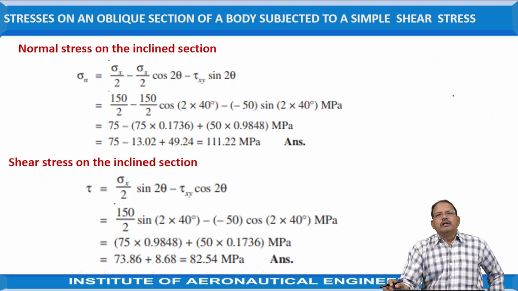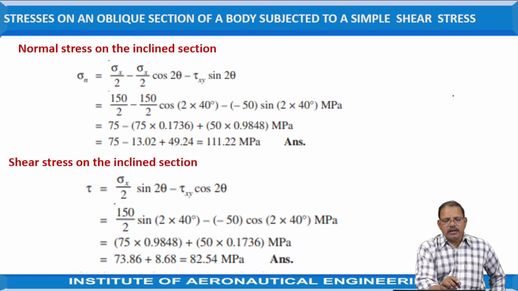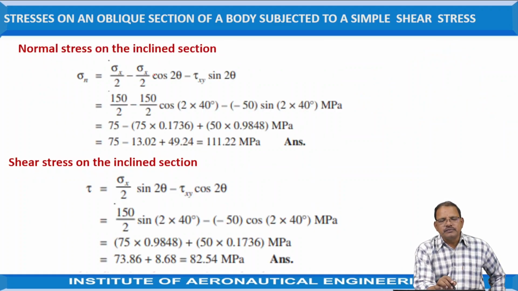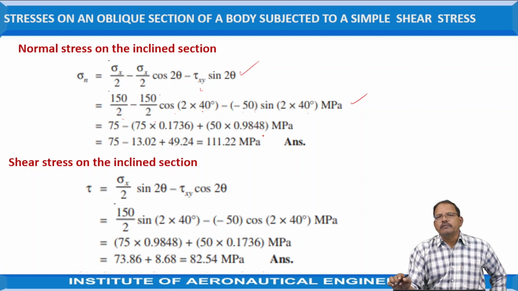If I draw the lines, this is known as the oblique plane, at 40 degrees. So the normal stress on the inclined section is sigma n is equal to sigma x by 2 minus sigma x by 2 into cos 2 theta minus tau xy sin 2 theta. Substituting the values, sigma x by 2 is 150 by 2 into cos 2 into 40 degrees minus of minus 50 into sin 2 into 40, which is equal to 75 minus 75 into 0.1736 plus 50 into 0.9848 megapascal.